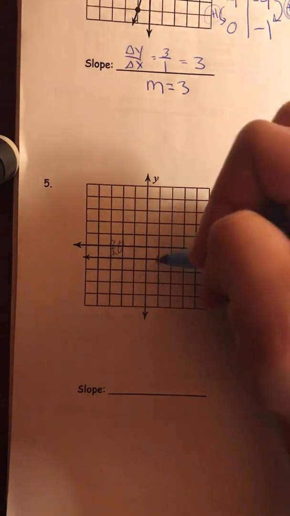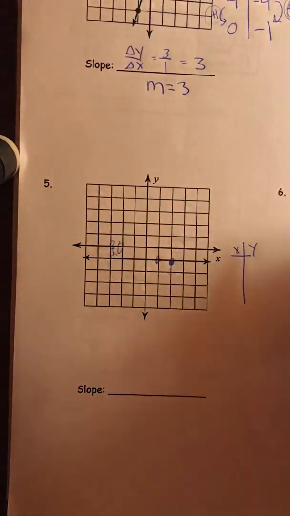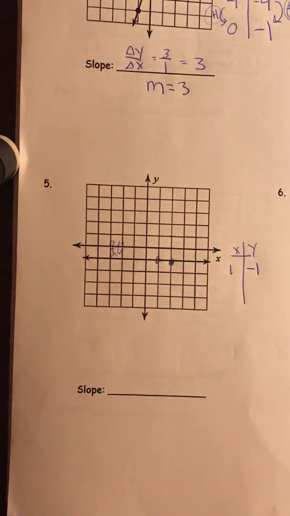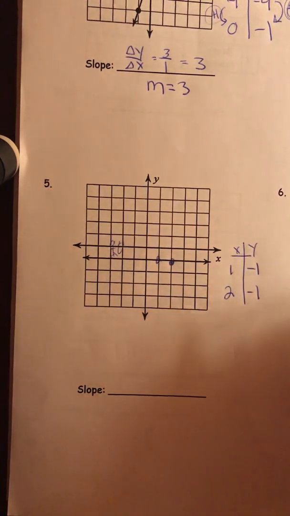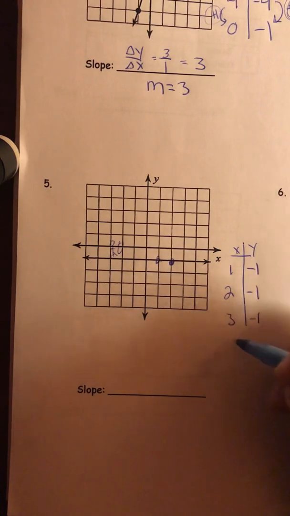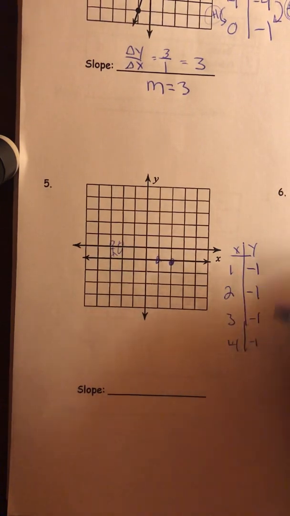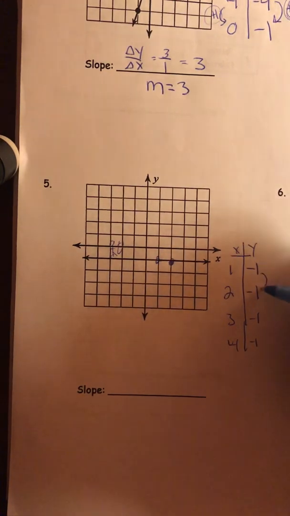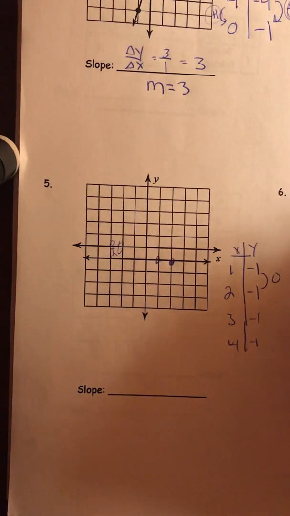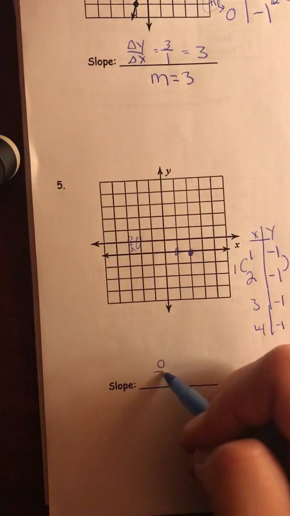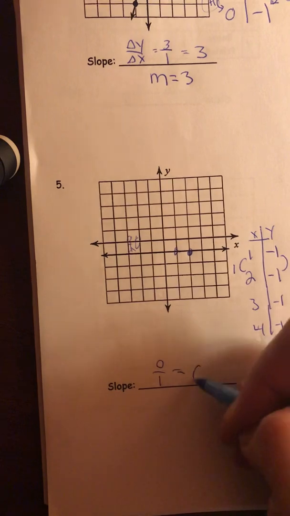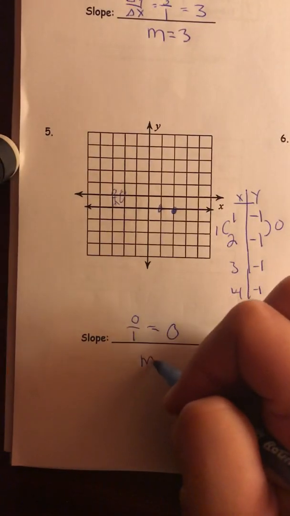If you pick this point and this point, you have 1, -1, and 2, -1, and you could have 3, -1, and 4, -1. No matter what you do, those y values don't change. There is no change over any interval. So this would be over 1. So you get 0 over 1, which is just 0. So your slope is 0.